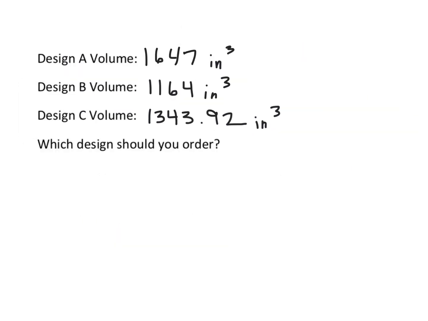Okay, so now there's a little space there to write down all of their total volumes. And, well, if I have to choose to get more cake for my money, I'm going to have to go with choice A. Now, I do like the look of design C, and that would be the second greatest volume, so I could justify that I would want that because I like the look of it.